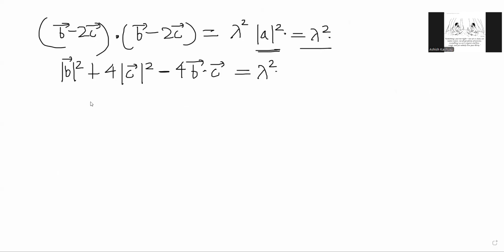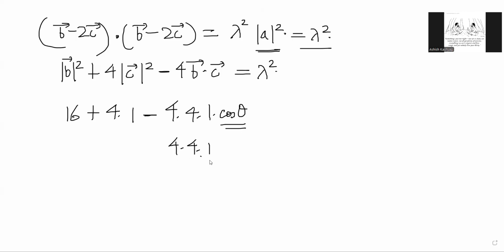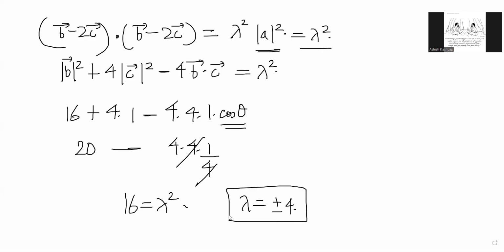And mod of B square was given as 4, so 16, plus mod of C square was given as 1, so 1, minus 4 B dot C. And B dot C is going to be mod of B is 4, mod of C is 1, and cos of theta, the angle between B and C, is 1 by 4. So this is becoming 4 into 4 into 1 by 4, and here you have 20 minus. So this becomes 20 minus 4, so 16 is lambda square, so lambda is equal to plus or minus 4. So that is what we are getting here, right? Okay.